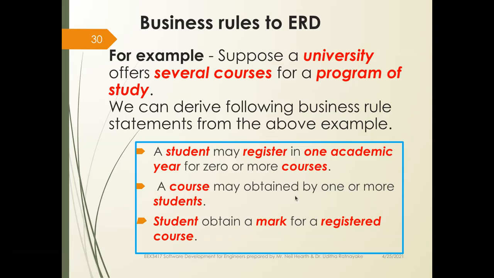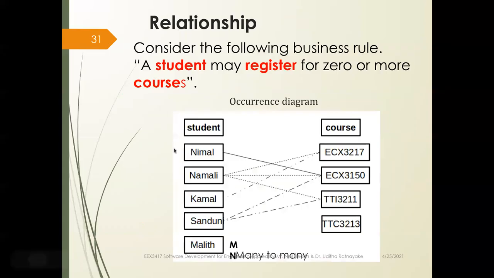A course may be obtained by one or more students. A student obtains a mark for a registered course. All the business rules in the company are given to the software company, so they use these business rules to create the database. They are not the database management systems.